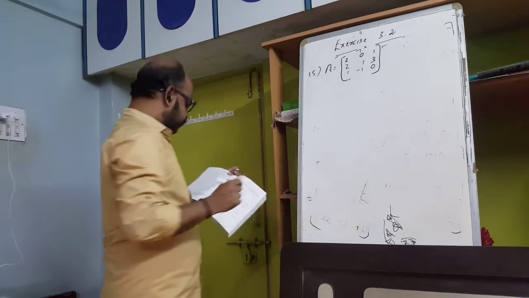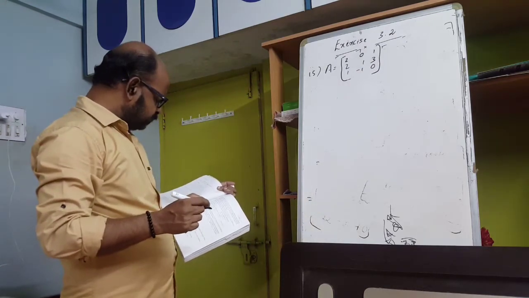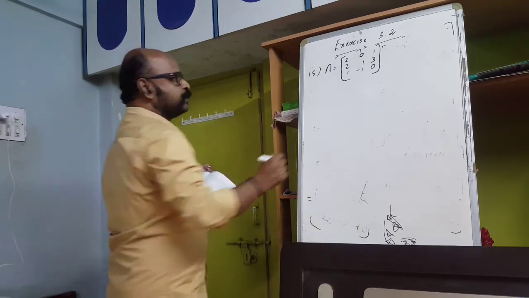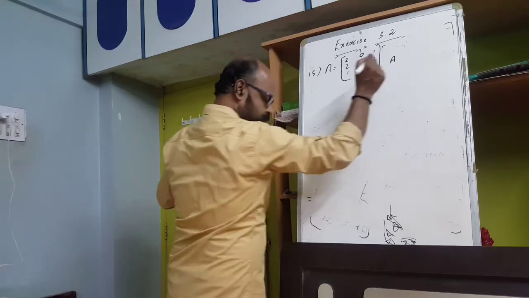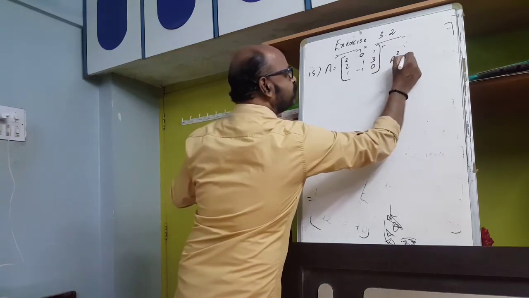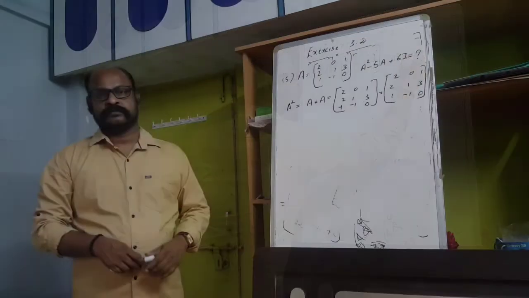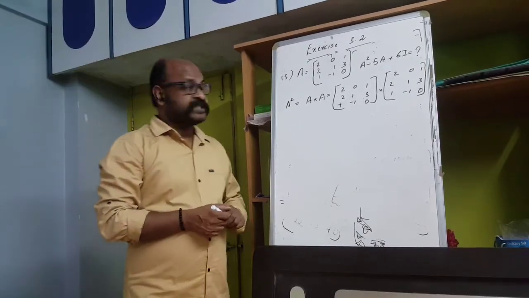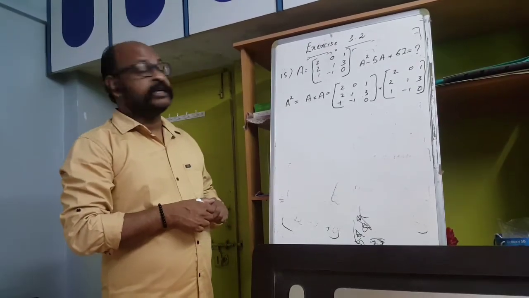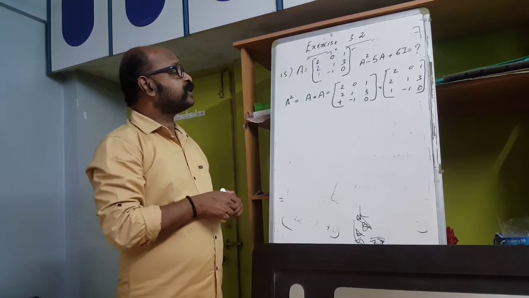Okay, this is the matrix given, and we have to obtain A square minus 5A plus 6I.